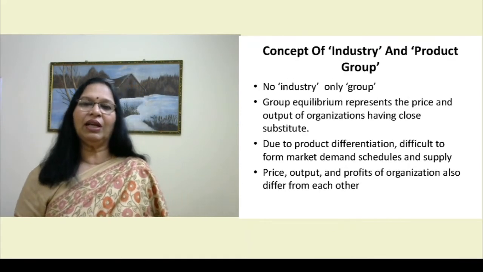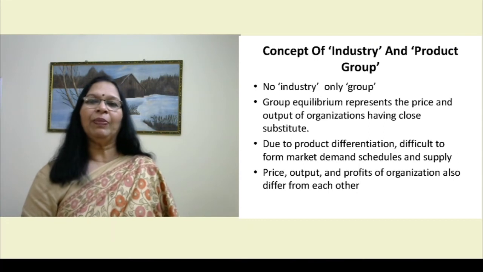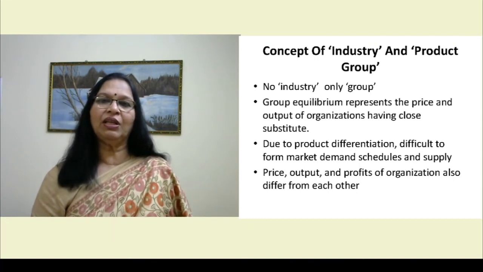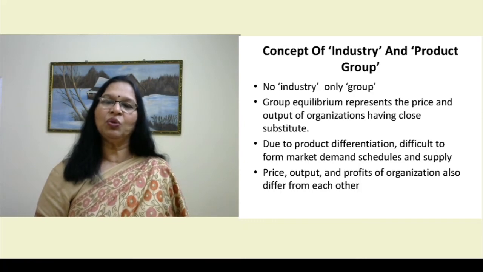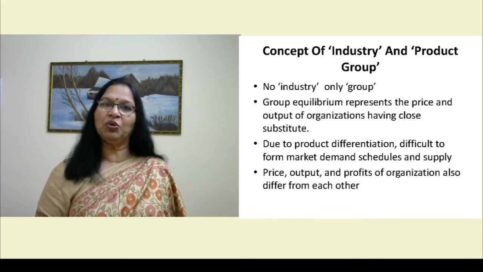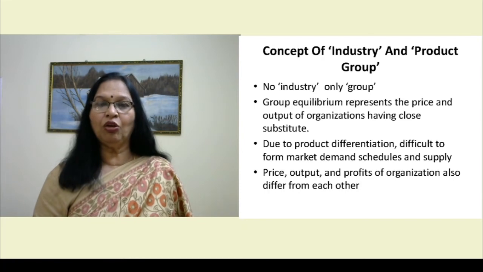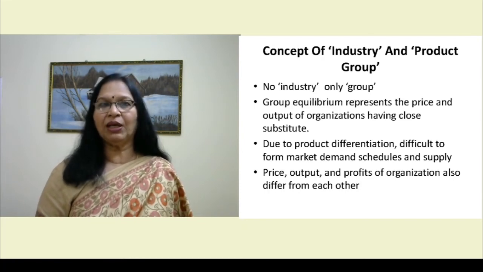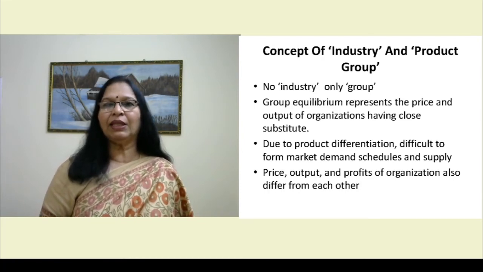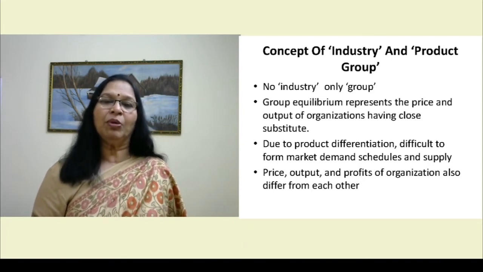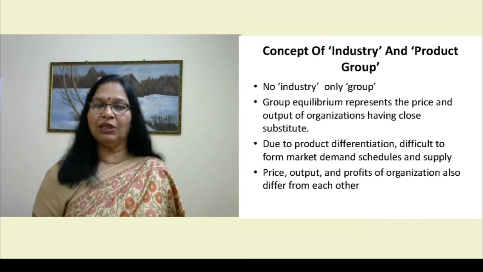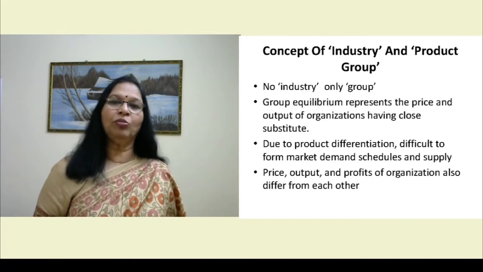Now, there is another idea that has come in, which is the concept of industry and product group. Here, in a monopolistic market, there is no industry. We have only a group. If it is to be understood this way, we can say that it is not the toilet soap industry, because that falls under the consumer goods industry, the fast moving consumer goods industry.